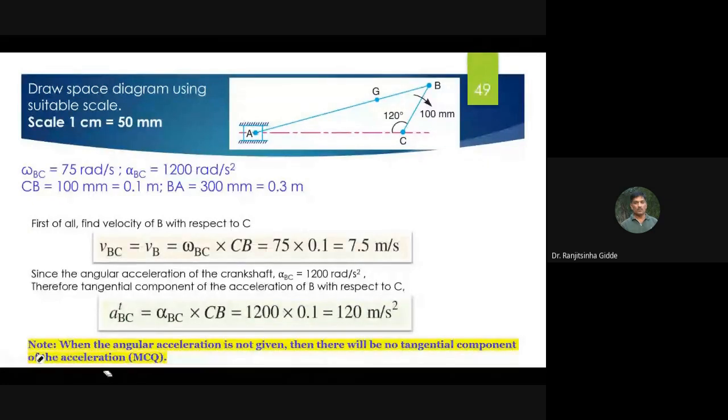Okay. When the angular acceleration is not given, then there will be no tangential component of the acceleration.